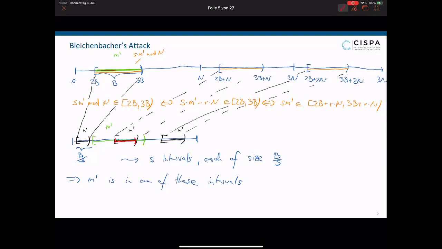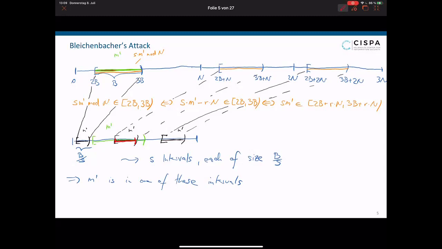The consequence of this is that we've increased our knowledge about m prime by confining it into an even smaller interval. Now just repeat this a few times for different s, and these intervals become rapidly smaller and smaller. Might be that you have to make a heuristic assumption, but just do this a few times and you will find m prime precisely.